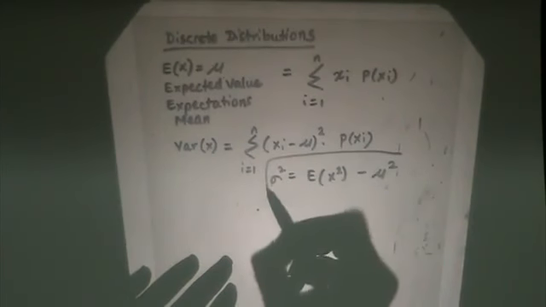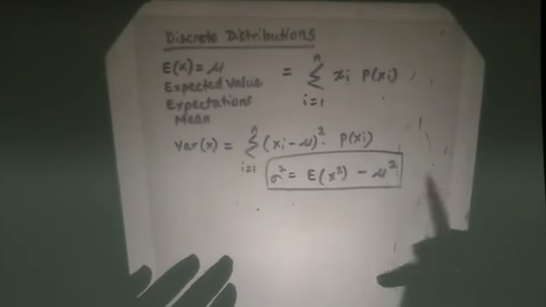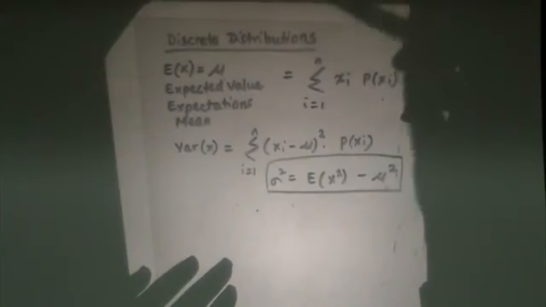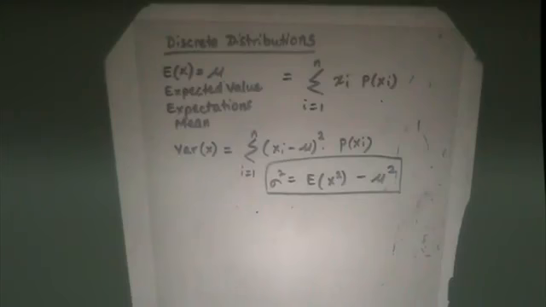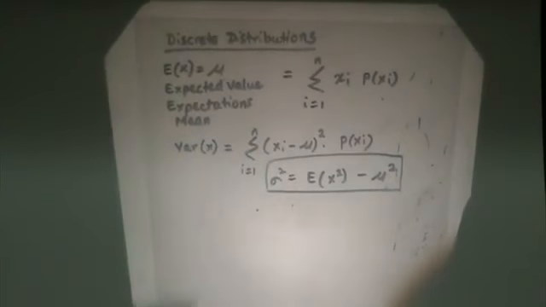This was the shortcut formula for the variance. And this was the formula for the mean, the one on the top. Certainly this formula would work for binomial random variables because binomial random variables are discrete.